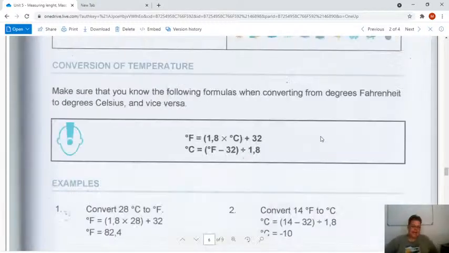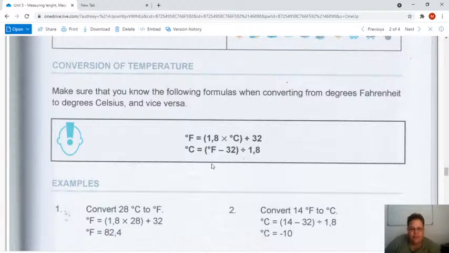Right, now I want you to write down very big and very bold this square. This is very important. Remember, I told you the conversions, the formula is going to be there. There it is.